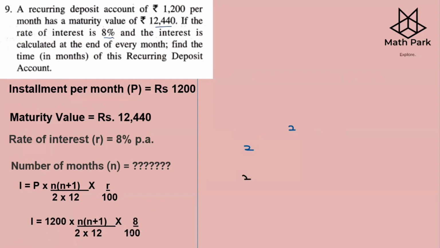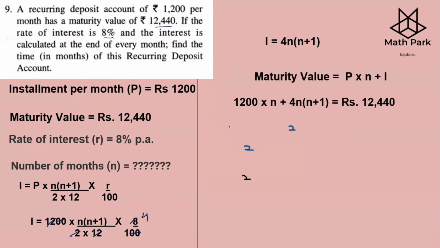So simplifying this, we get this 12 got cancelled, 2 ones are and 2 fours are. So we get I in terms of N as 4N in bracket N plus 1. Now we have maturity value is equal to P into N plus I, where P is 1200 into N plus 4N in bracket N plus 1.